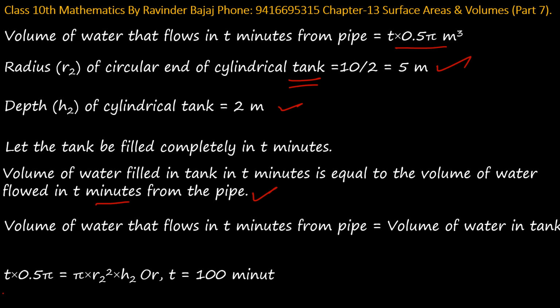So T into 0.5 pi is equal to pi r square h, or T is equal to that. So put the value of r2 here, h here, you will find the value of T. T is a variable that we have to calculate. So in 100 minutes, the complete tank will be filled. Okay, this is the answer.